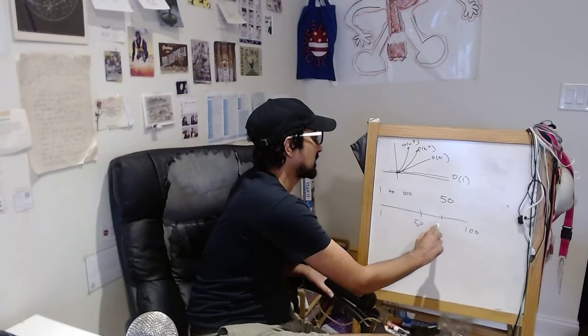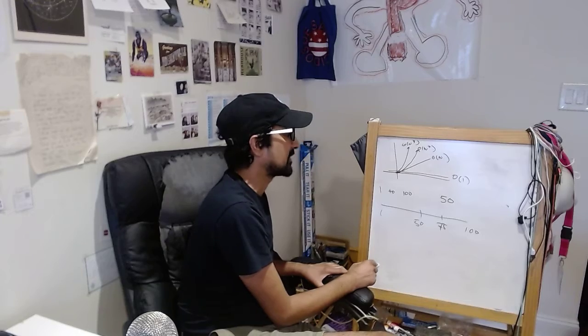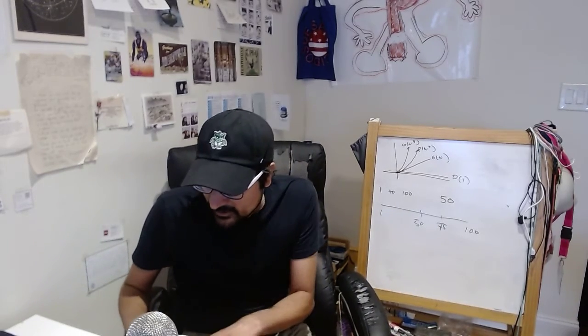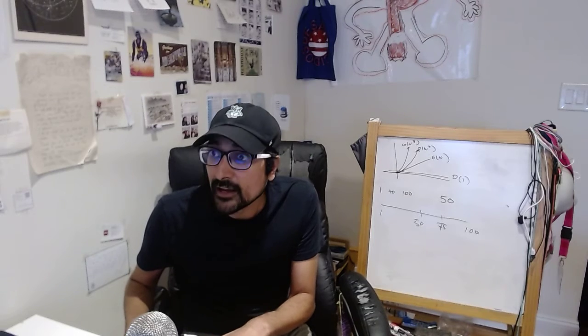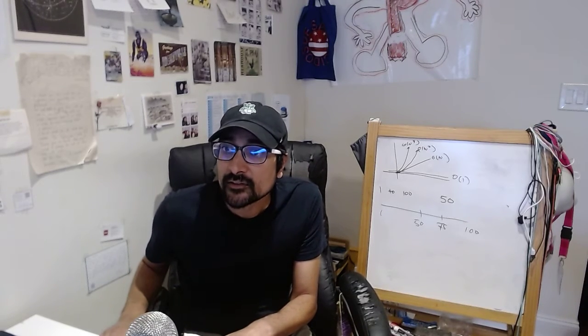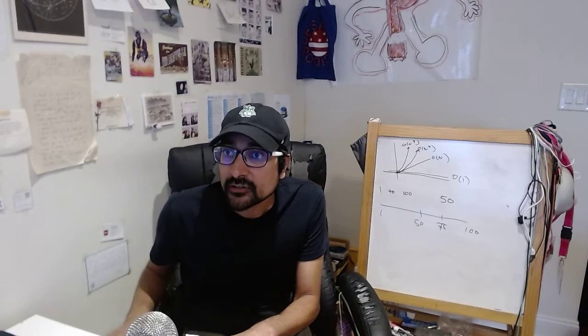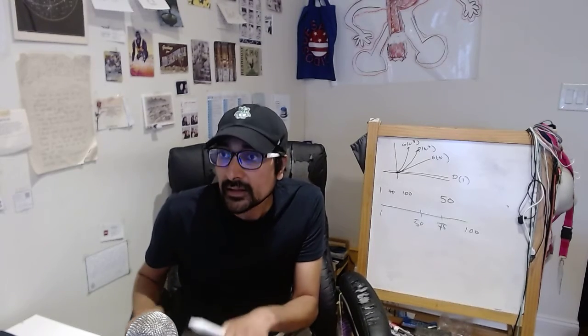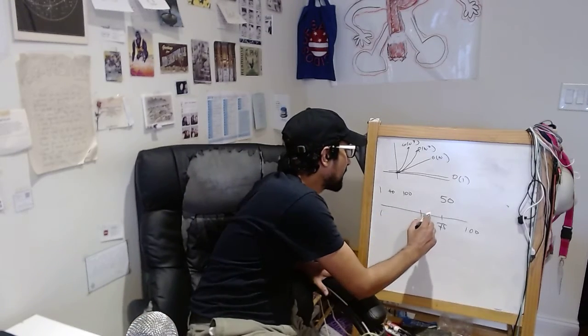50, and then you go to 75 when they say higher, and then they say lower, and so you do 50 plus 75. Don't tell Frank that I used a calculator for this. I am a terrible mathematician. So it's 125 over 2, and we're at 62.5.